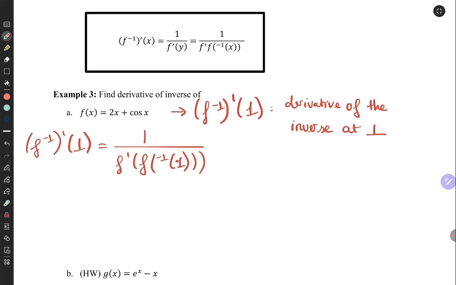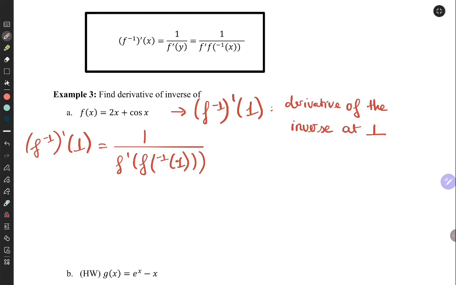So to find the answer to this, you find the answer to this. Now let's use your understanding of just math, not calculus. How many things do you need to identify in this denominator? What do you think?